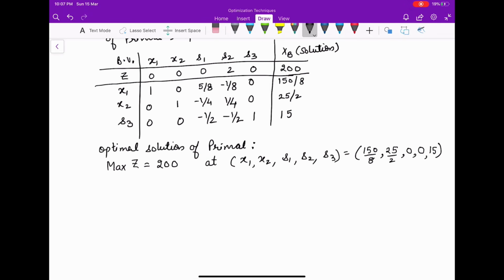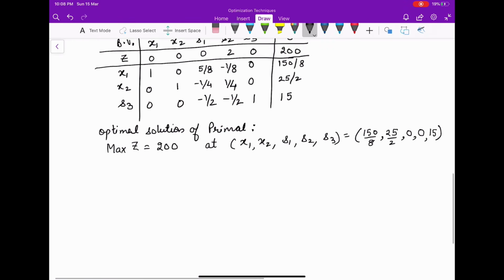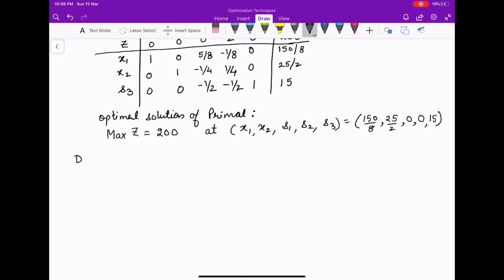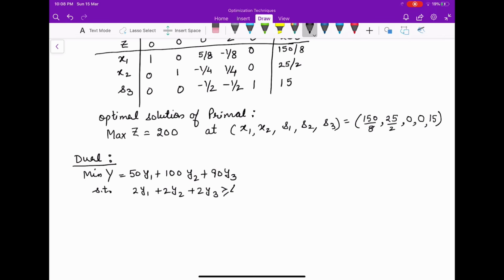So let's also write the dual of this problem. The dual will be given as minimization of y, which is 50y1 plus 100y2 plus 90y3, subject to 2y1 plus 2y2 plus 2y3 greater than or equal to 4, y1 plus 5y2 plus 3y3 greater than or equal to 10, and all yi's are greater than or equal to 0.